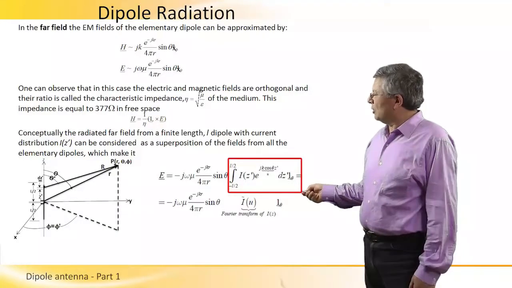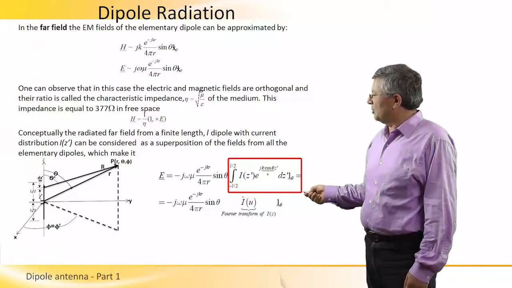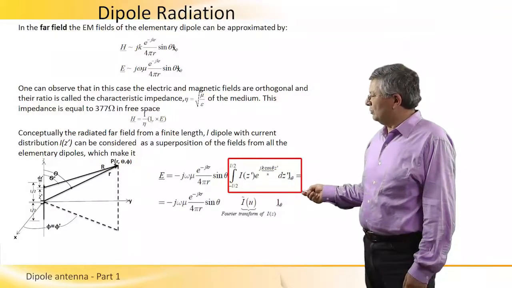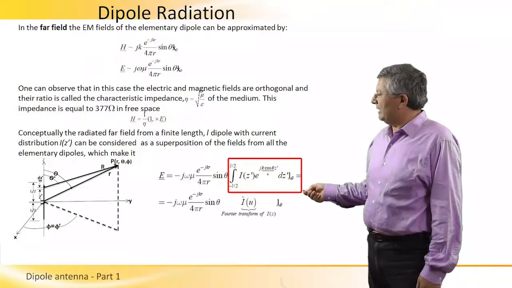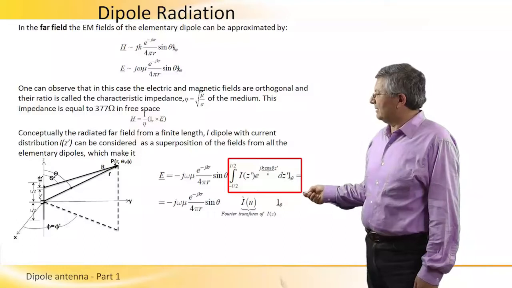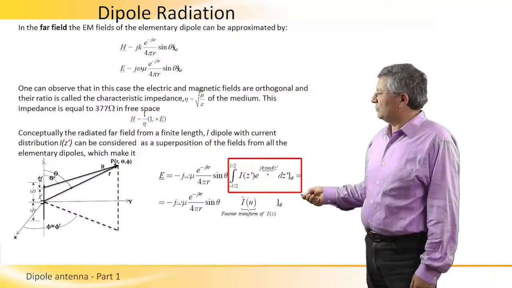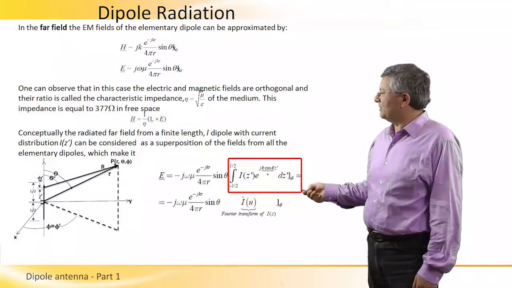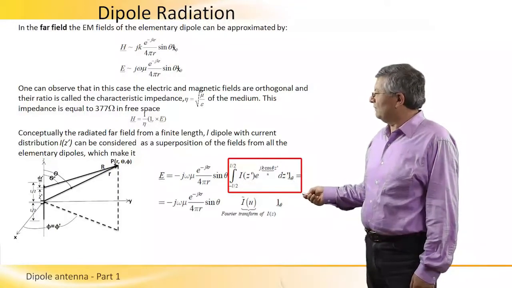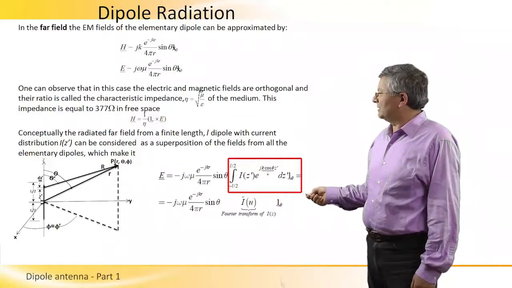What's interesting to note here is that if we denote k cosine theta by u, we get under the integral a Fourier transform. Therefore, the electric field for far field approximation is proportional to the Fourier transform of the current distribution.